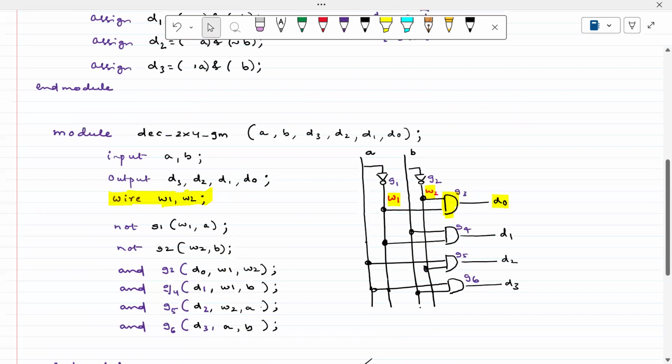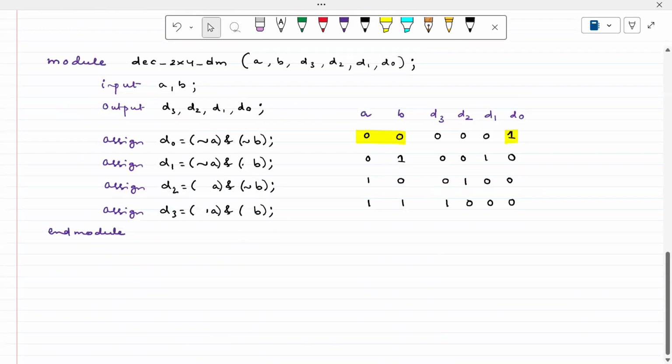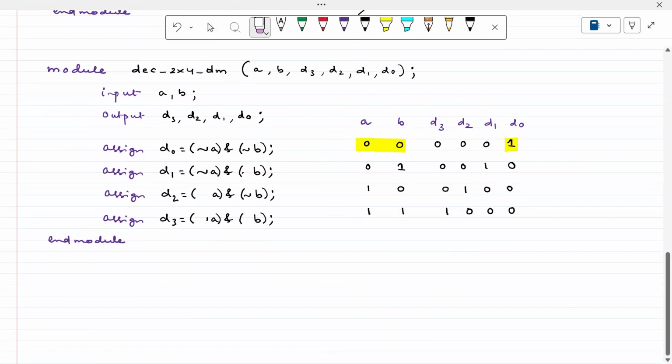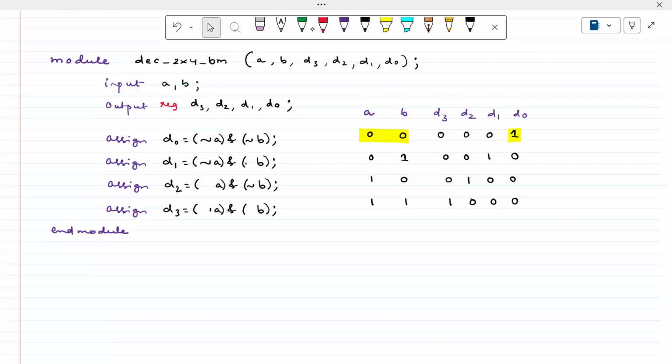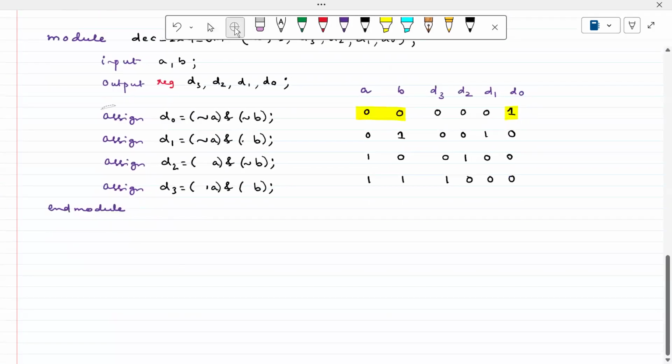So what are the possible modifications I have to do here? Let me call this a behavioral model, BM. And very important, all the outputs must be represented by a register data type. Don't forget about that, which is the keyword I have to use. And then you have to modify the internal circuitry.